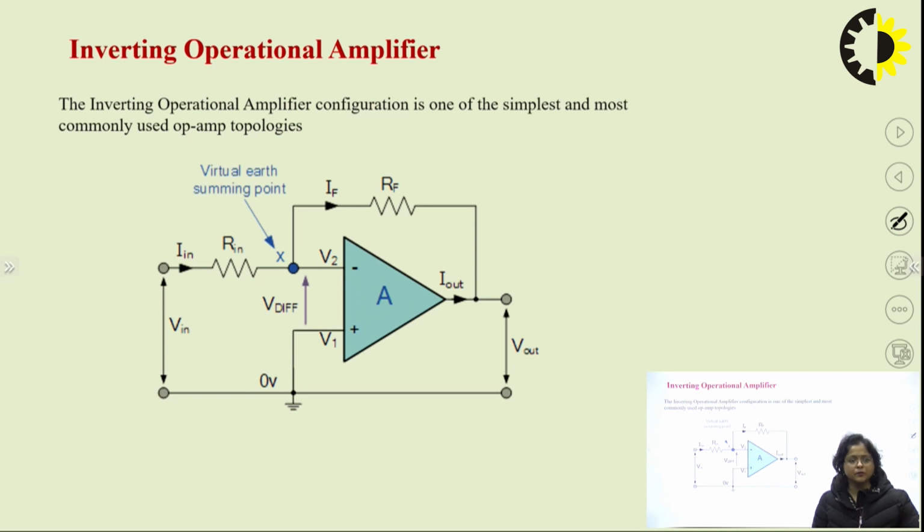Due to the concept of virtual ground, both the terminals are at 0 potential, so if V1 is grounded, then V2 is also at 0 volt, and thus In is equal to If, which gives gain A equal to minus Rf/Rn. Previously, we have already derived this.